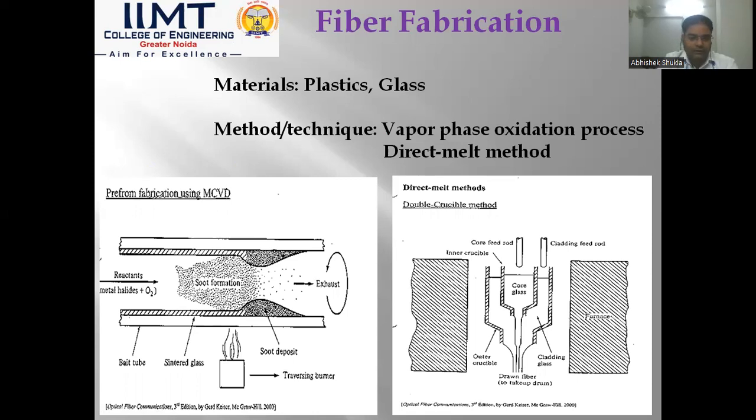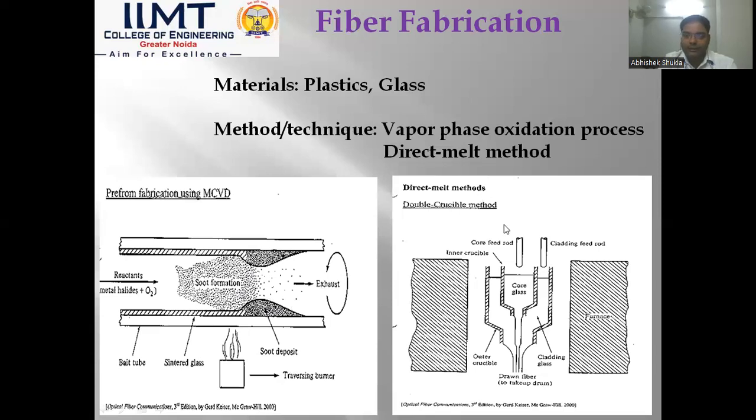The fibers can be prepared by two different methods: MCVD, which is a vapor phase oxidation process, and the direct melt method. In the MCVD method, the material is heated in a furnace system, and a tube-like structure is found at the other end.